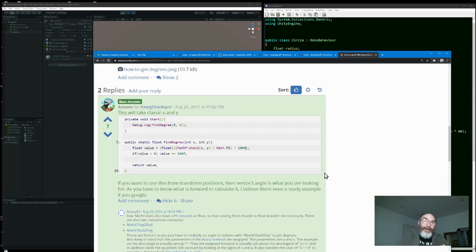I mean, I'm still a little suspicious about edge cases. What if it's 0? Oh, then it's 0. That's fine. What if it's exactly 360 degrees? I don't know.